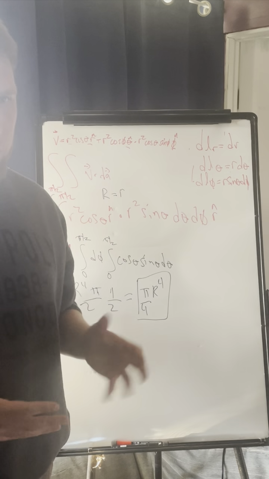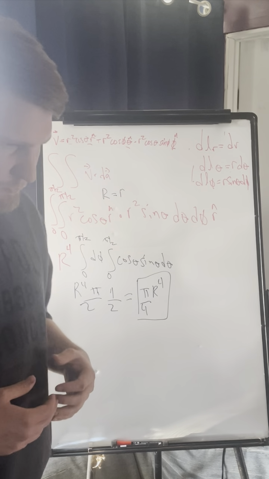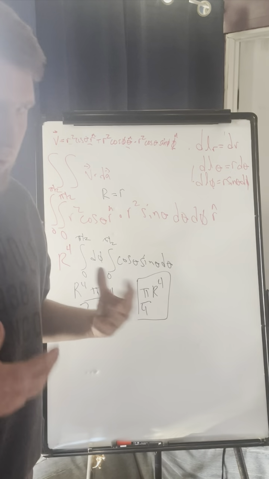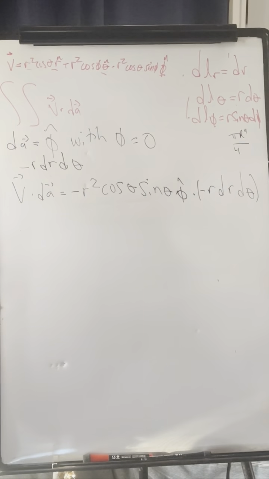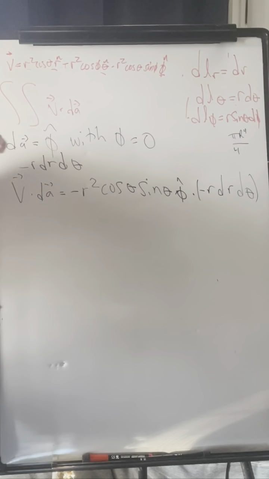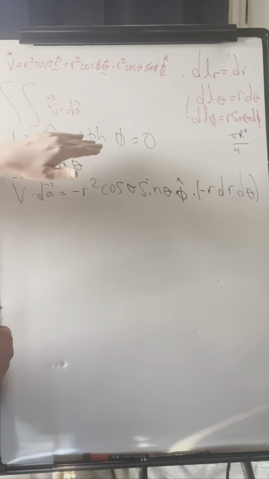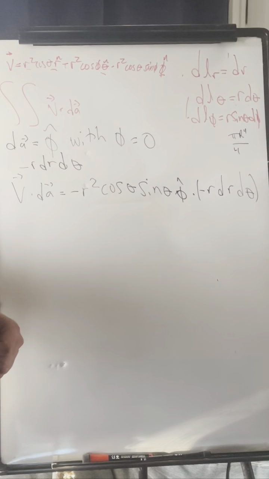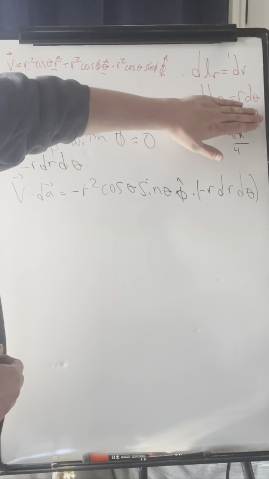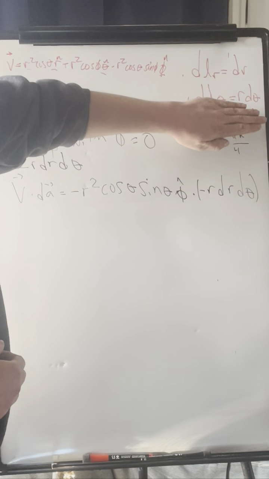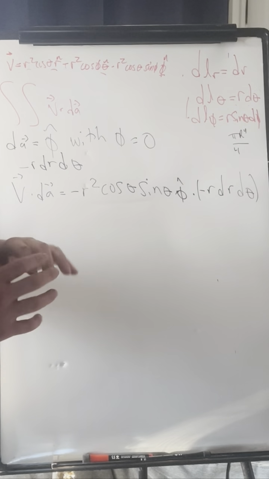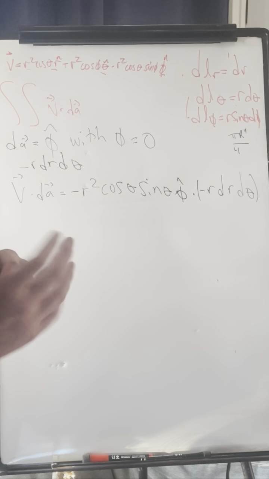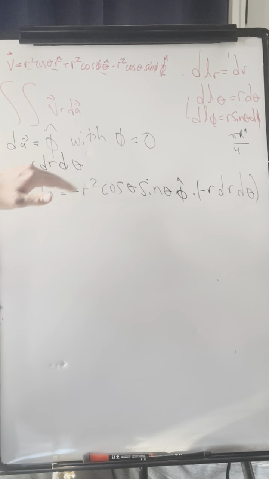Now we still have to do 3 more integrals, but it's going to follow the same process. For our second surface integral, dA is in the phi hat direction. So now phi at this point is equal to 0, and we could just do this by r dr d theta. It's also in the negative direction in a sense, so it's minus r dr d theta.